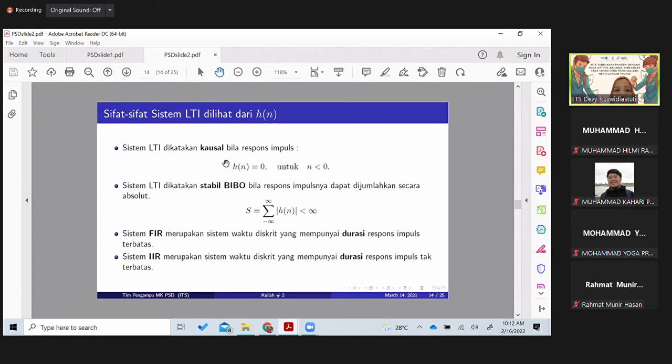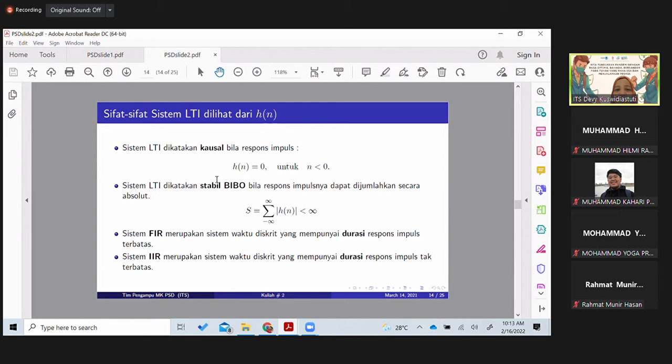Properties. Because you know about the impulse response, we could determine whether the system is causal or not, or whether the system is stable or not, only by seeing the impulse response.